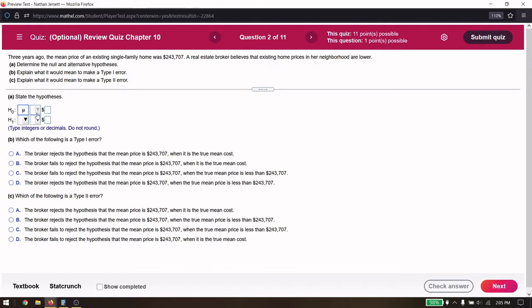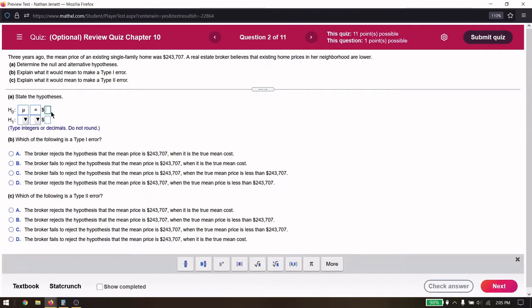And once again, we're not talking about standard deviation here. It's been established that it was 243,707. That was the previously established amount. But now the real estate broker believes it's lower than 243,707. That's the alternative hypothesis.